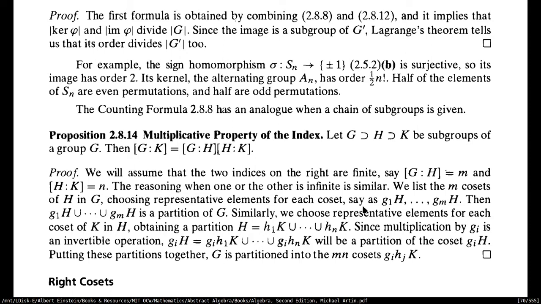Then the index of K in G is equal to the index of H in G times the index of K in H, right? Makes pretty good sense. But let's see the proof. The proof is straightforward, but you have to use the equivalence relations on the cosets, right?